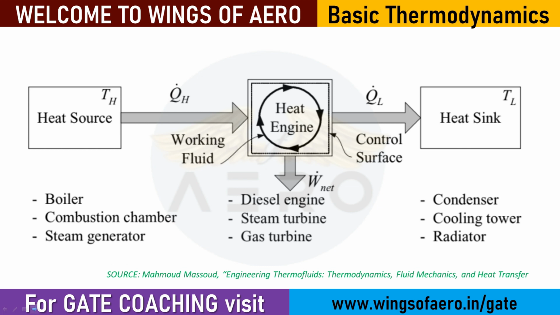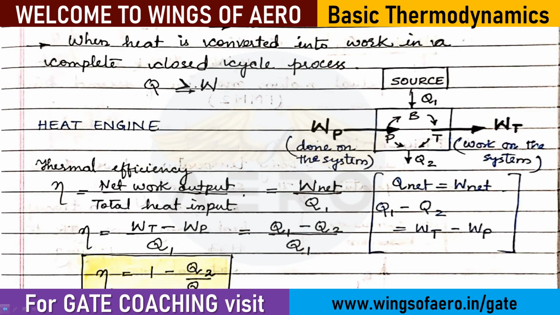First we take a basic example of what we have in the source and sink, what heat is added and what heat is left. These are important to understand: where the heat is added, where it is liberated, which component does the work, and which does not.